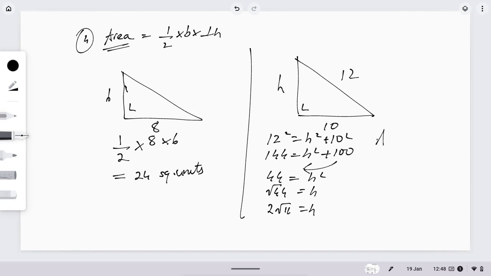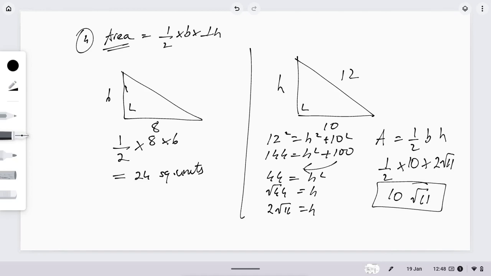Now, to work out the area, it's half the base by the perpendicular height, half 10 by 2 root 11. You put that into your calculator, and you get 10 root 11. Now, final thing is maybe when they put the two triangles together.